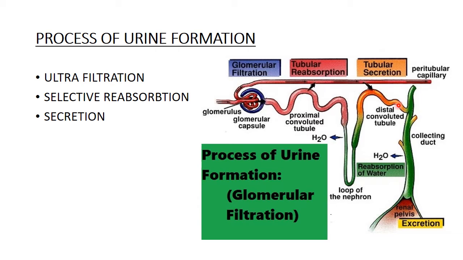And secretion happens in this part, the distal convoluted tubule. After that, the urine is collected in the collecting duct. So what are the main processes of urine formation? Ultrafiltration, reabsorption, and secretion.